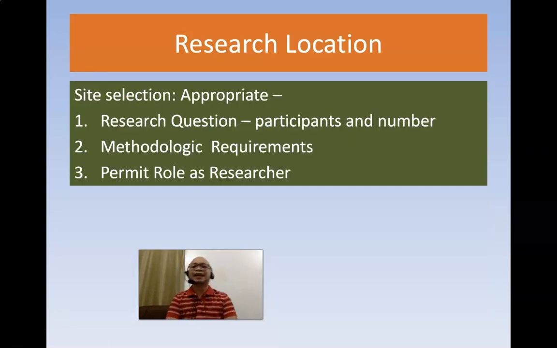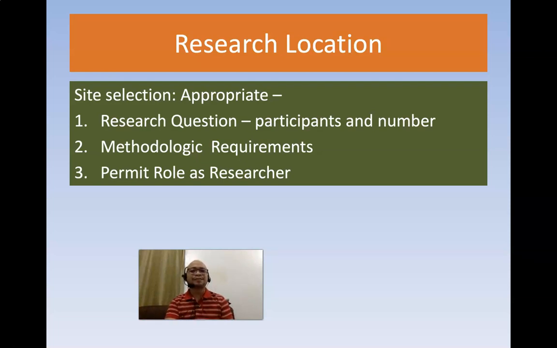Okay? So another factor that we have to consider in quantitative research design would be the research location. Okay, the site location. So appropriate things that we have to consider would be the research questions that we are going to use.